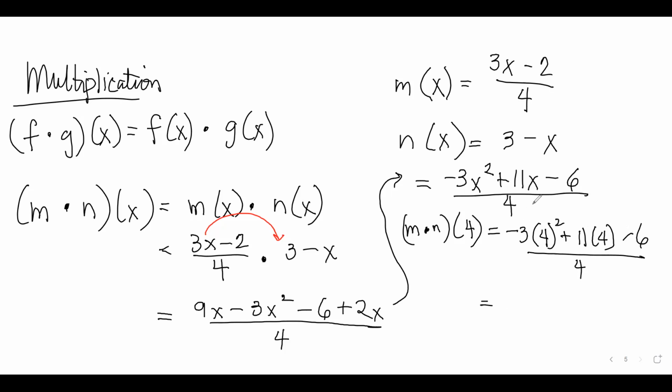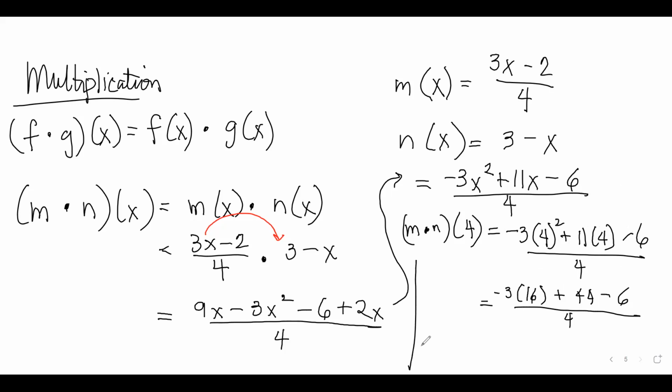O, ayan na. Para tayo nag-grade 9 math, grade 10 math. 4 squared is 16. So negative 3 times 16 plus 44. 11 times 4 minus 6 over 4.